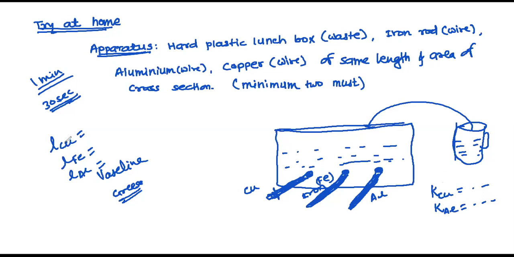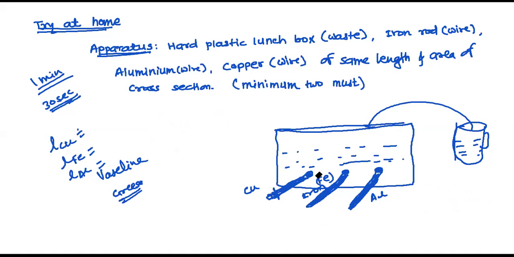And here you see L of copper and L of aluminum. Square it and find out this ratio. Call this equation number 1. And this ratio you call it as equation number 2. Understanding? Wait. What you have to do now?